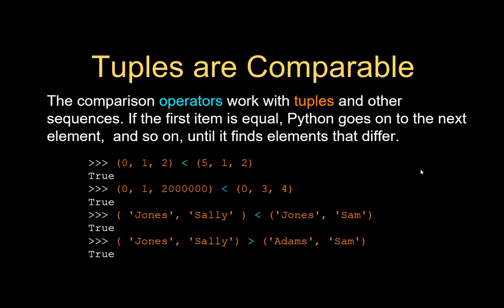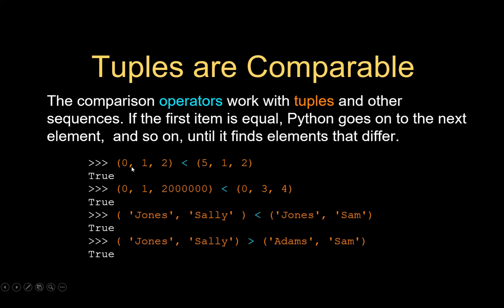So we can also compare the values that are in a tuple. For example, in this case, we are using the comparison operation, smaller than. We said that the tuple 0, 1, 2 is smaller than 5, 1, 2.